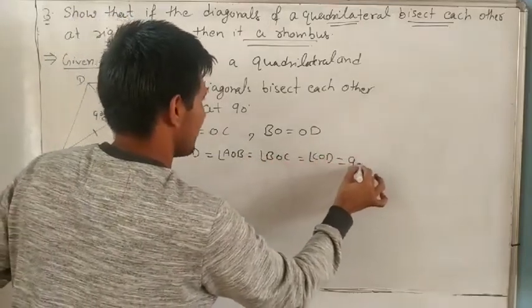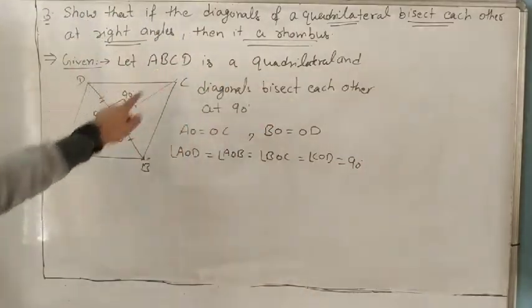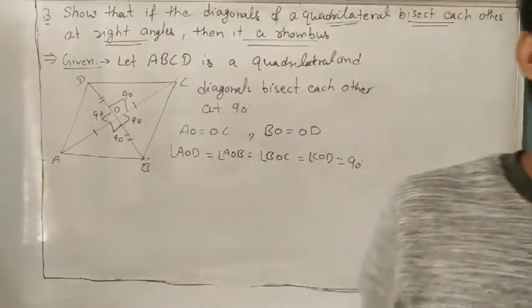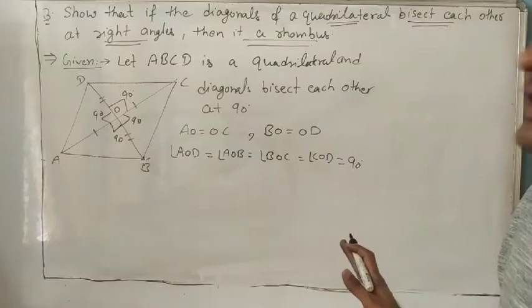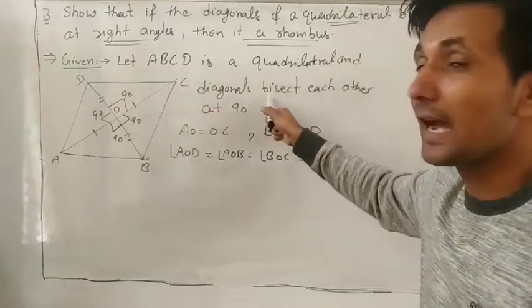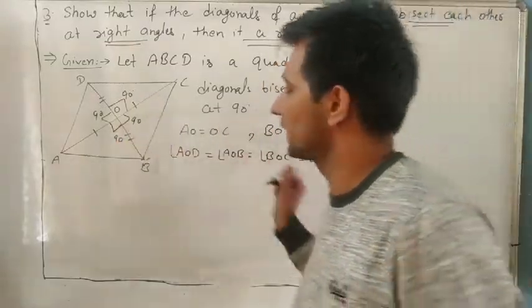How much? Every angle is 90. If you understand what is given and what we want to prove, it is a very easy question. So first we write what is given: ABCD is a quadrilateral, diagonals bisect, meaning AO equals OC, BO equals OD, and each angle is 90.